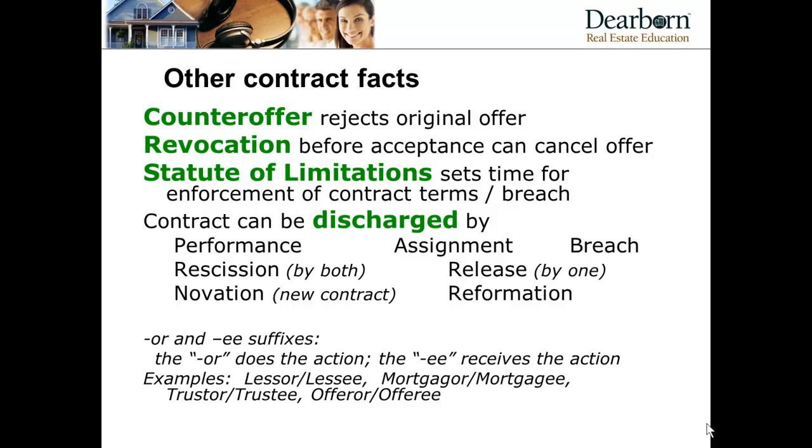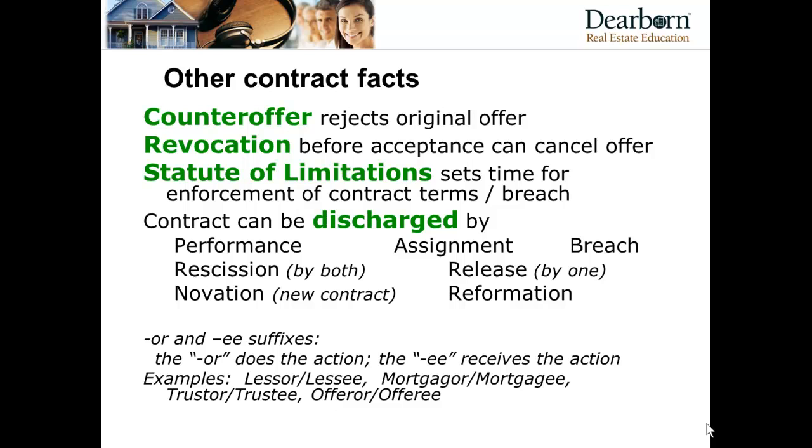They may surrender their money that they've put in. Rescission is an agreement by both parties to cancel the contract, or a release by one party to release the other from the obligations in the contract.